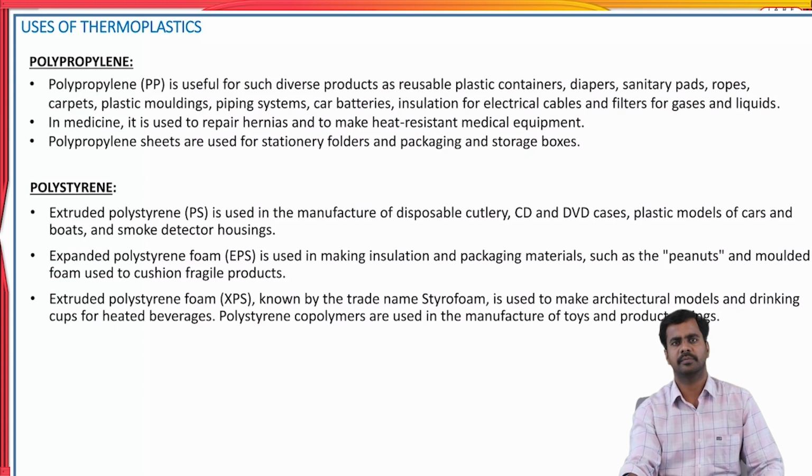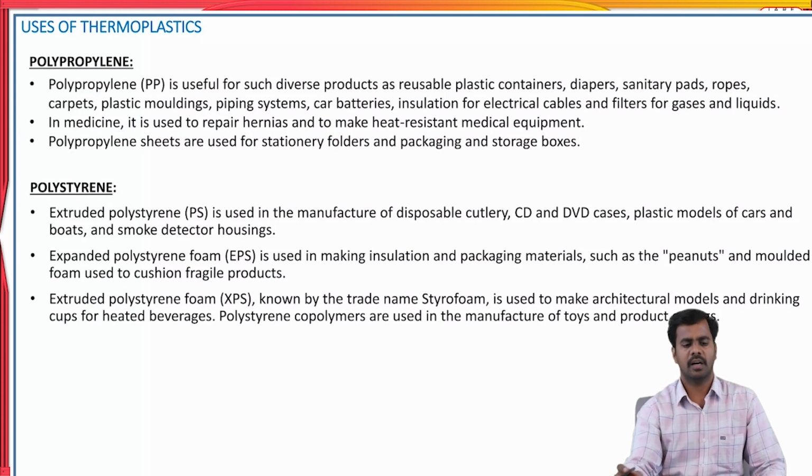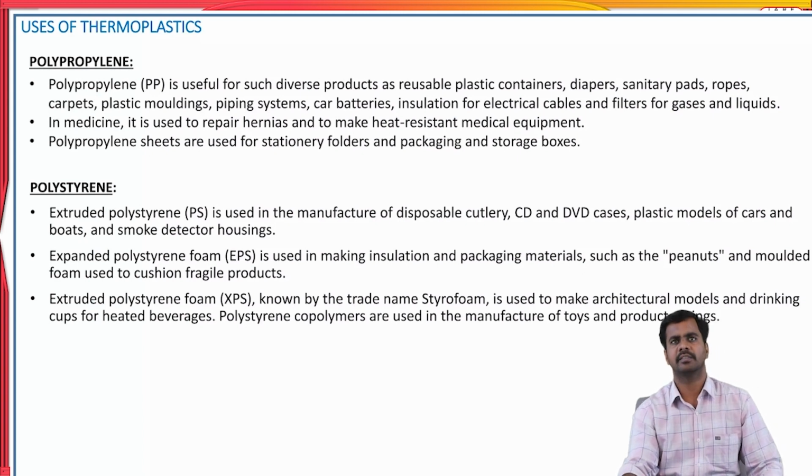And polypropylene. It is also a type of thermoplastic. It is used for such diverse products as reusable plastic containers, sanitary pads, ropes, carpets, and plastic molding piping systems, car batteries, insulation for electrical cables, and filters.